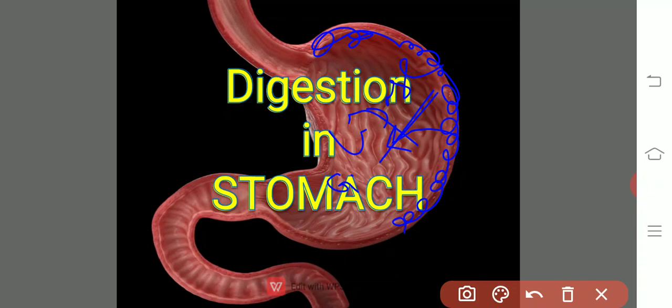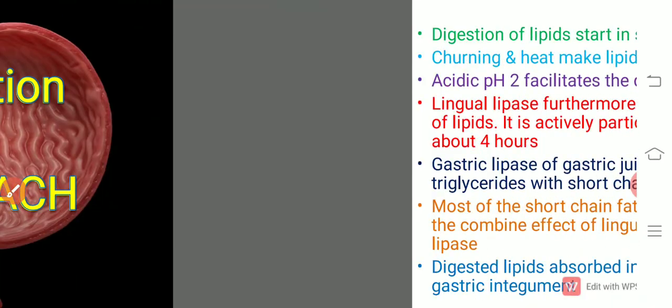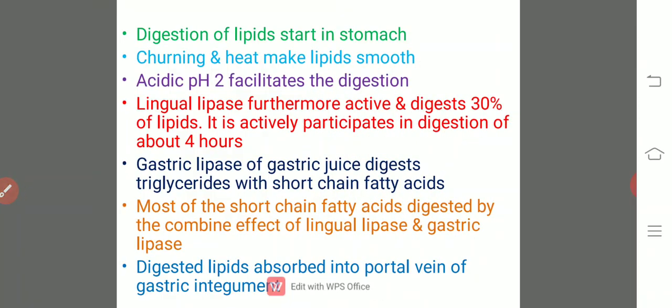Due to the combined effect of both the lingual lipase and the gastric lipase, most of the short chain fatty acids get digested. One more thing we should remember is that the digested lipids are absorbed into the portal vein of the gastric integument.